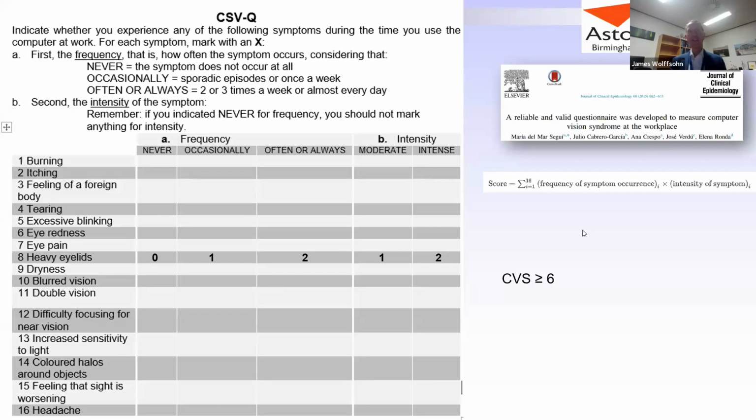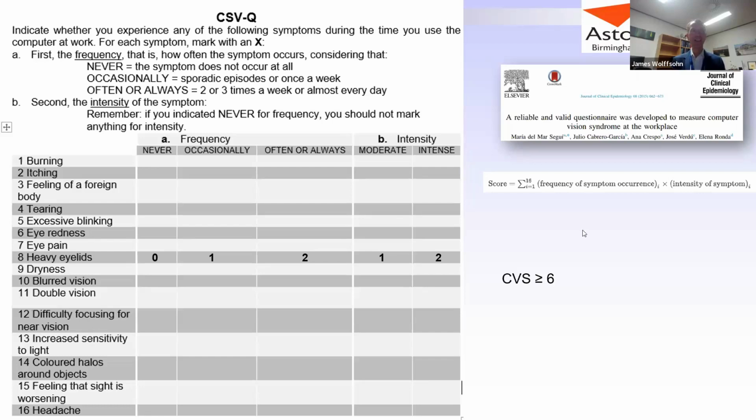So if you never have it, you don't need to score it. If you occasionally have it, it gets a score of 1. If you often or always have it, you have a score of 2. And if you experience that particular symptom, so occasionally or often or always, you also need to give it an intensity score as moderate, which is scored as 1, or intense, scored as 2. And then you multiply those two numbers together.